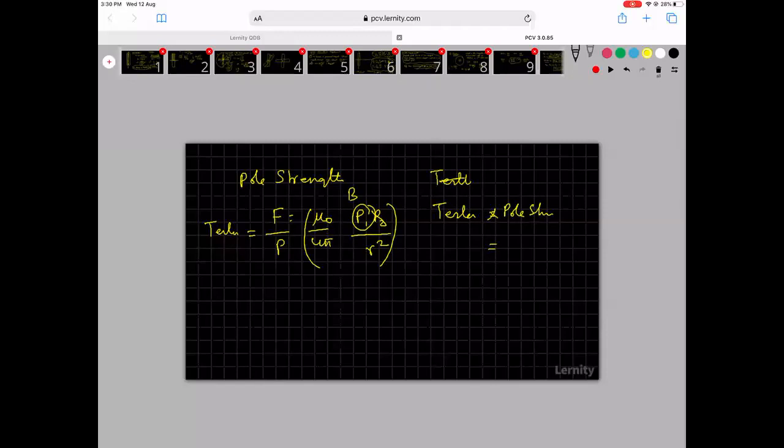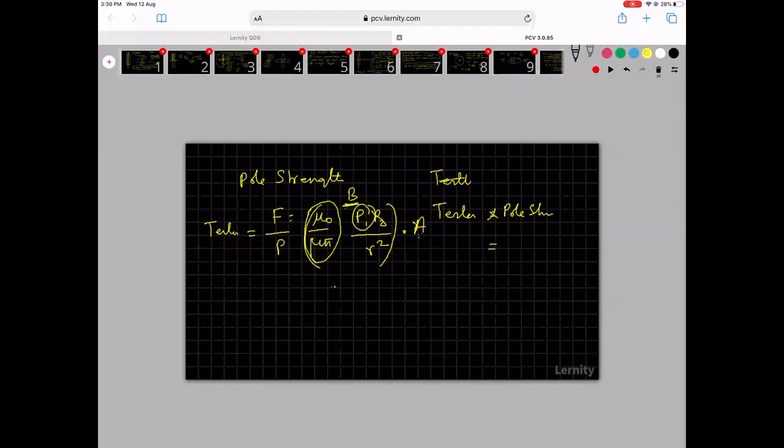I basically want to relate pole strength to Weber. If I multiply this magnetic field, which is Weber per meter squared, with area, I'll get Weber on this side. I'm trying to see how this mu naught is creating some trouble for me.